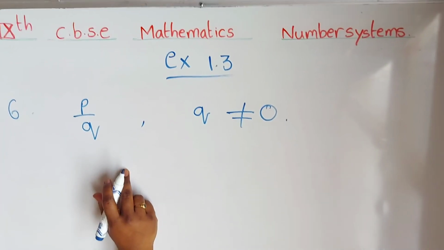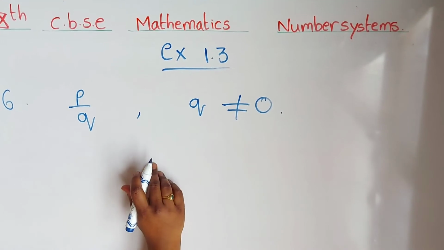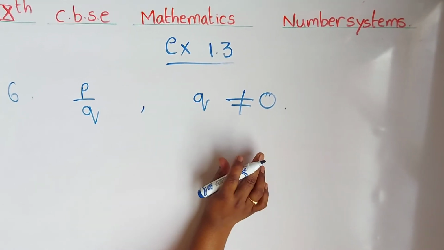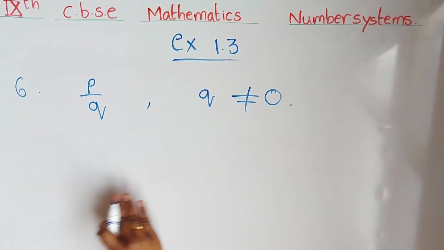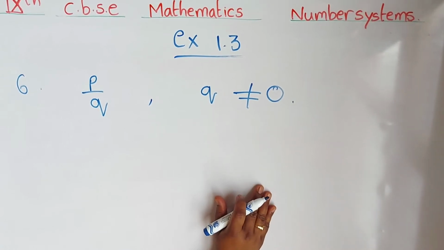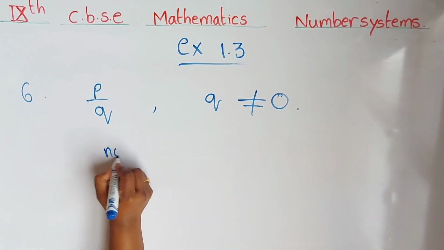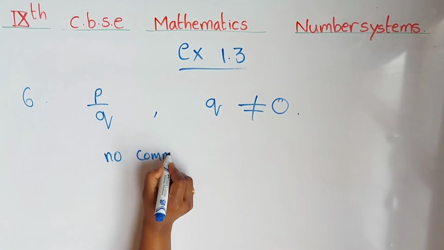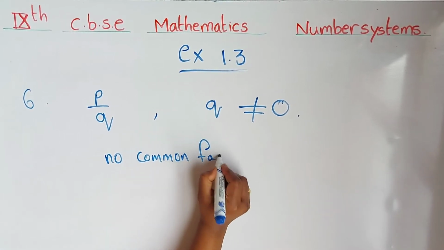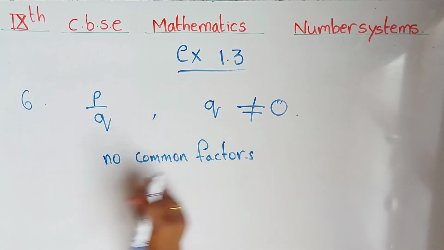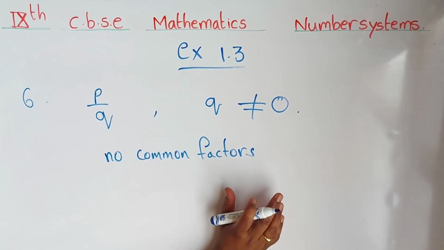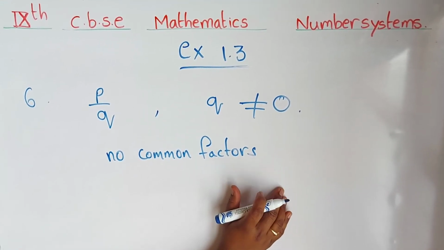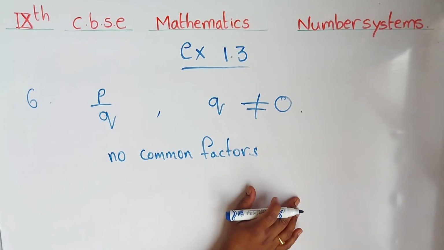Look at several examples of rational numbers P by Q, Q not equal to 0, where P and Q are integers with no common factors other than 1, and having terminating decimal expansions.